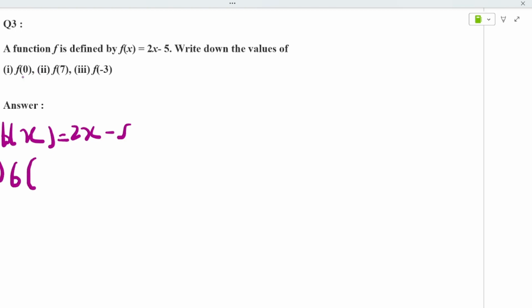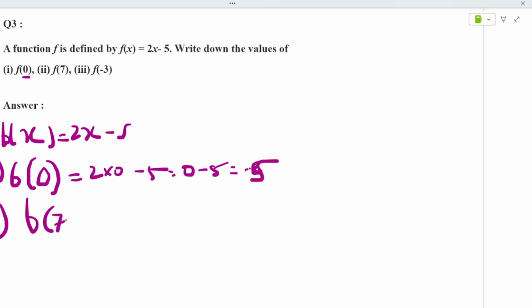They have given 0, substitute 0 in x place, and 2 into 0 minus 5 will be minus 5. Next, substitute 7. F of 7 is equal to 2 into 7 minus 5. 2 into 7 is 14, 14 minus 5 is equal to 9.